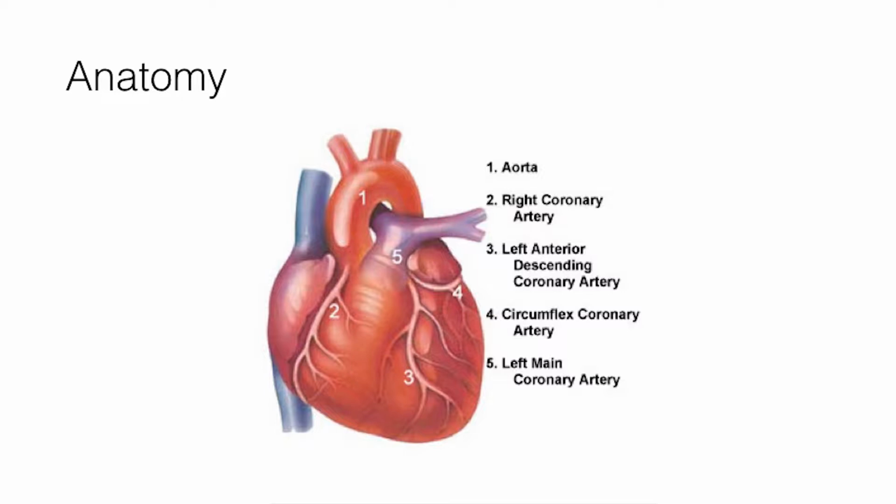The left coronary artery immediately forms the left circumflex artery and the left anterior descending artery. So those three main branches, the right coronary artery, left circumflex, left anterior descending, are the main branches supplying the heart muscle.